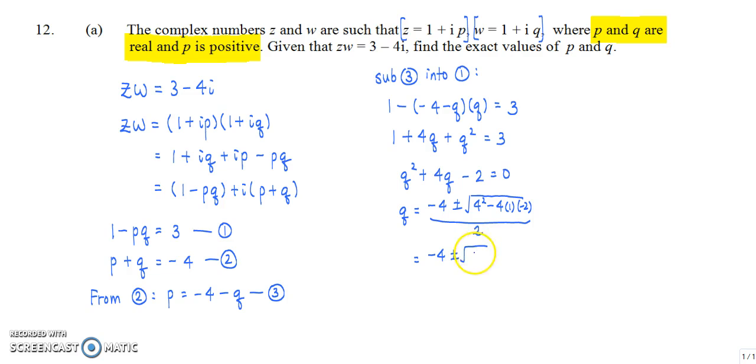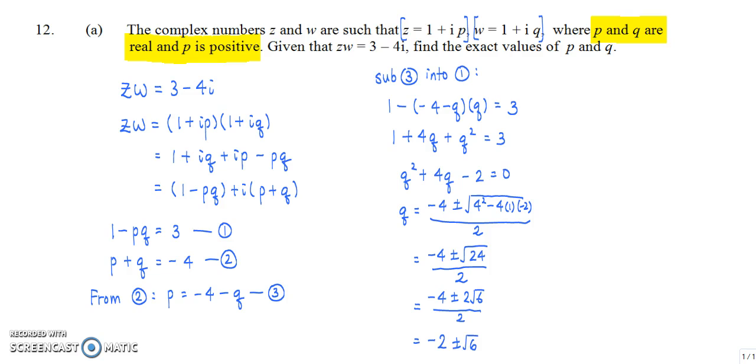So it's 16 plus 8, which gives 24, divided by 2. Since square root 24 can be simplified, we get 2 square root 6 divided by 2, and therefore at this moment our q has two values: negative 2 plus minus square root 6.